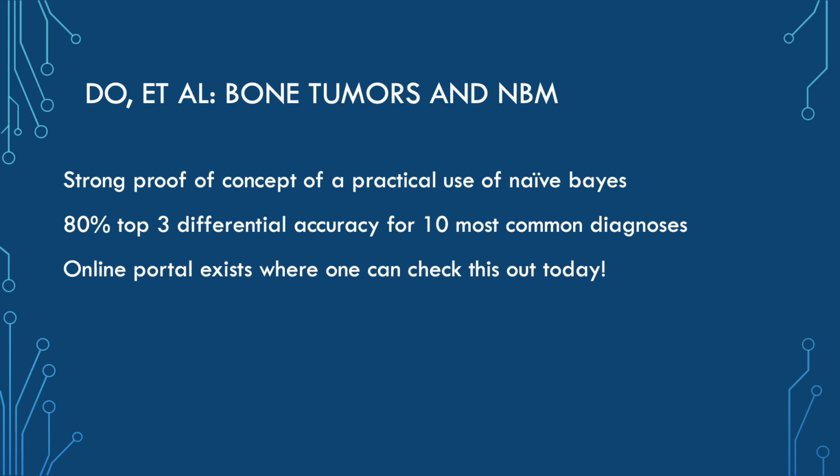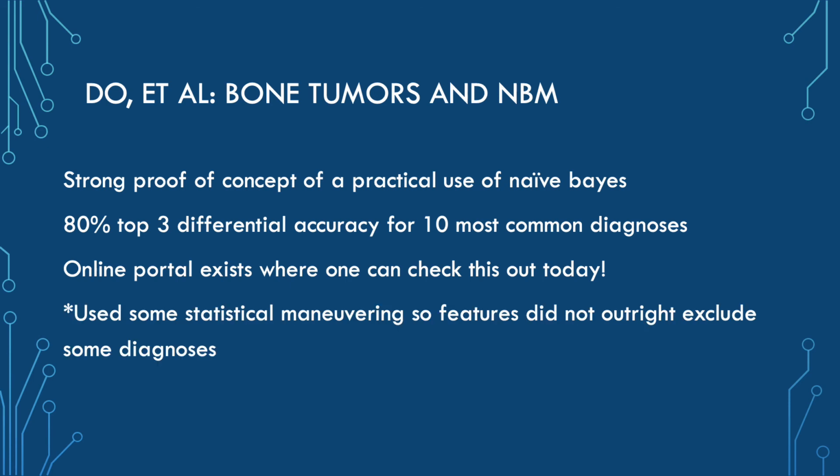In fact, an online portal still exists where one can check this out today, link below in the description. Disclaimer: there was some statistical maneuvering happening so that features didn't outright exclude some diagnoses if they didn't appear, so that the probability wouldn't drop to 0. This isn't a super important point, but just something to keep in the back of your head.